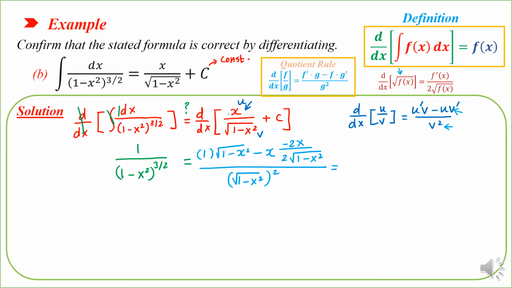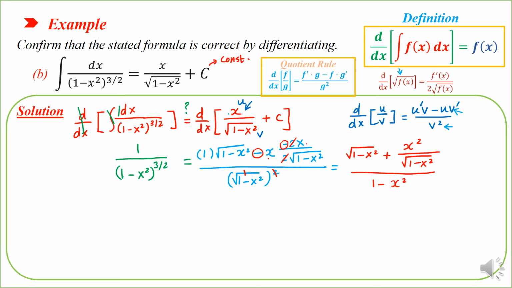this expression. So we have square root of 1 minus x squared minus, here you can cancel 2 with 2, and we have 2 negative signs, which means you have to put positive here, and x times x equals x squared divided by square root of 1 minus x squared, divided by, to simplify the denominator here you have to cancel the square root sign with power 2, and you will get 1 minus x squared.